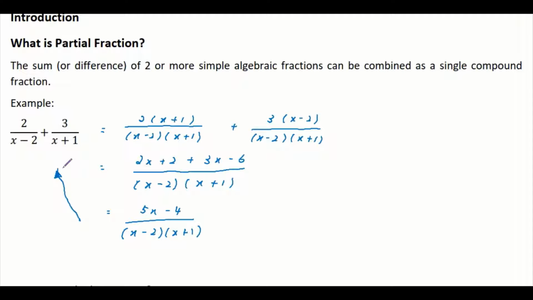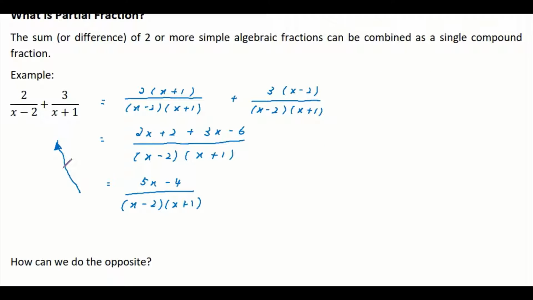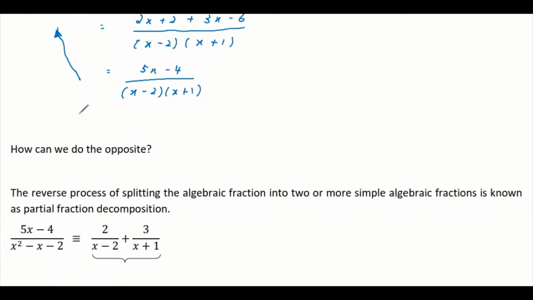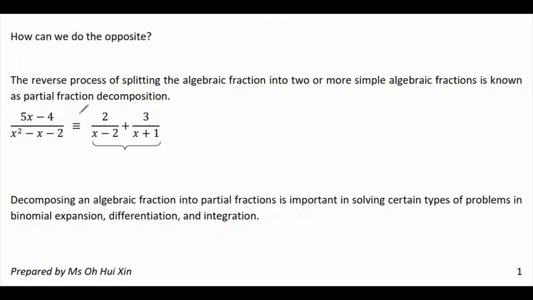What we are learning today is just this process, the reverse of going from simple to compound: we change the compound to simple. We are splitting the algebraic fraction into two or more simple fractions. This process is called partial fraction decomposition.